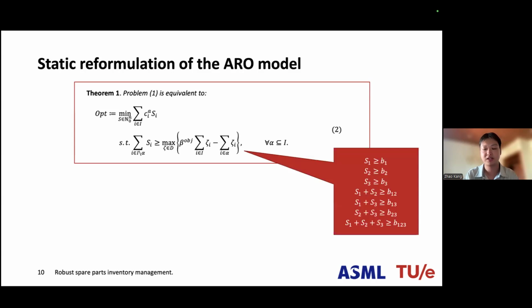Here, we also have an example when we have 3 SKUs, how the constraint looks like. So you will have individual constraints for S1, S2, S3, and also you have any combinations of the stock levels for these SKUs. Here, you can see a big shortcoming of this type of reformulation is that the number of constraints will increase exponentially with the number of SKUs we have.